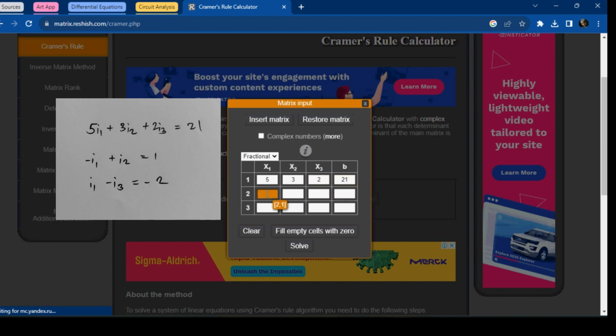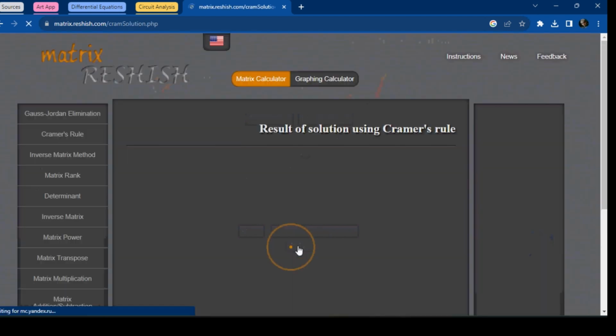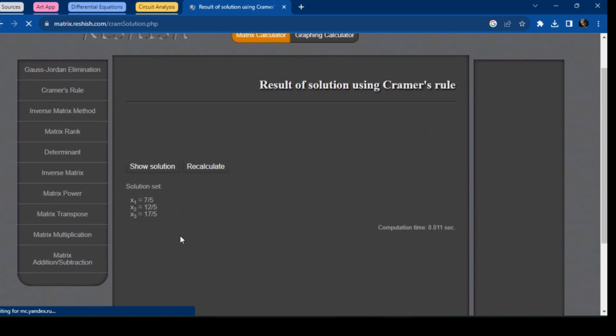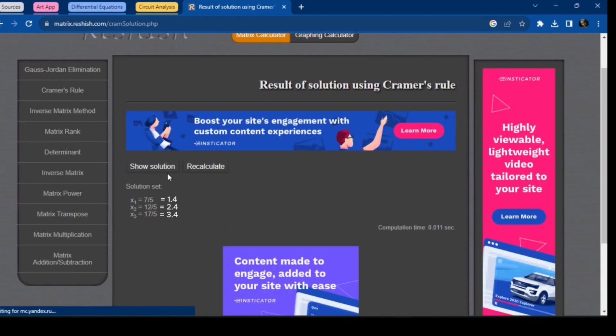Then negative 1, positive 1, 0, and then 1. Then our third equation, we have 1, 0, negative 1, and then negative 2. Then we solve it. So these are the values for our I1, I2, and I3.